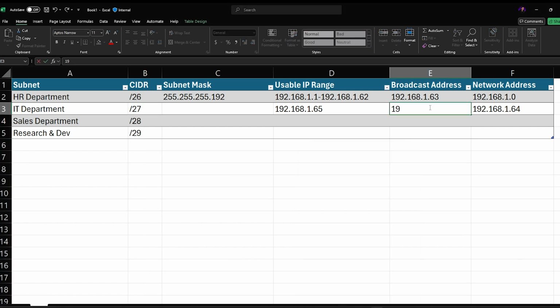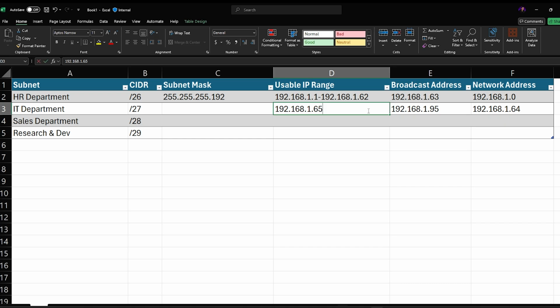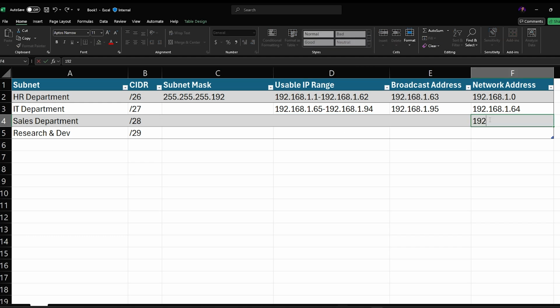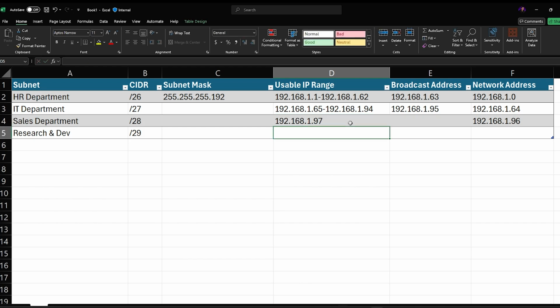So the range is 192.168.1.65 to 192.168.1.94. The next network address comes after the previous broadcast address, so we're going to start with 192.168.1.96, which means the first host will be 192.168.1.97.